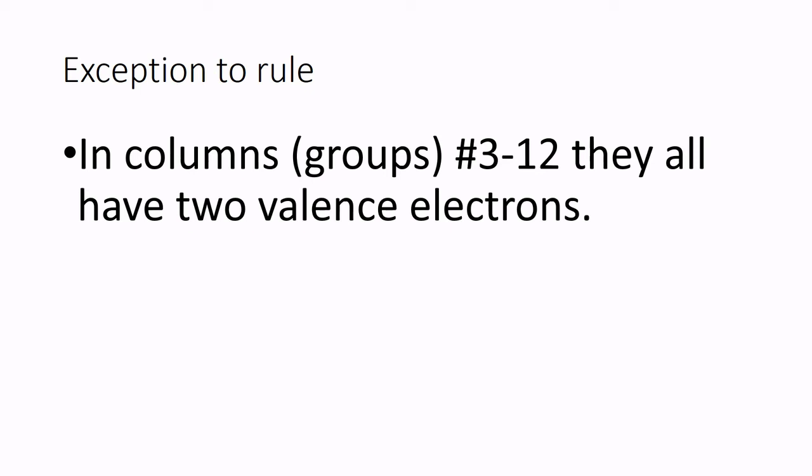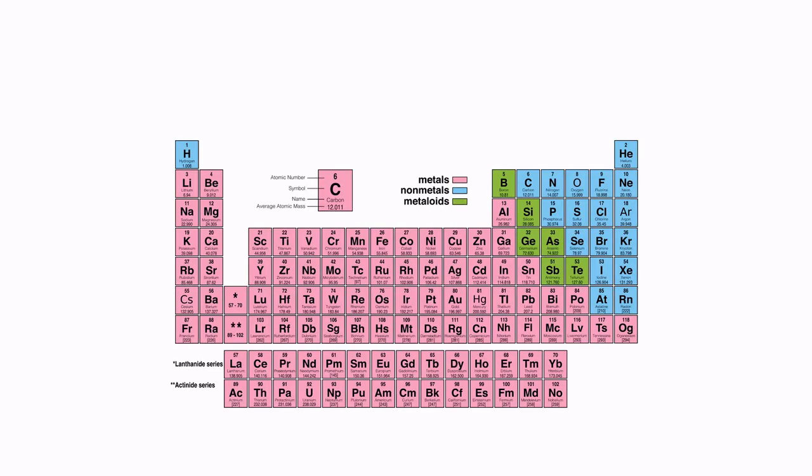So if we take one more look at the periodic table, these are the ones to start with. Number 21, scandium, Sc. And if you went all the way over to the row where number 30, zinc, is located, that would be groups 3 through 12, and all of those below them also have 2 valence electrons.